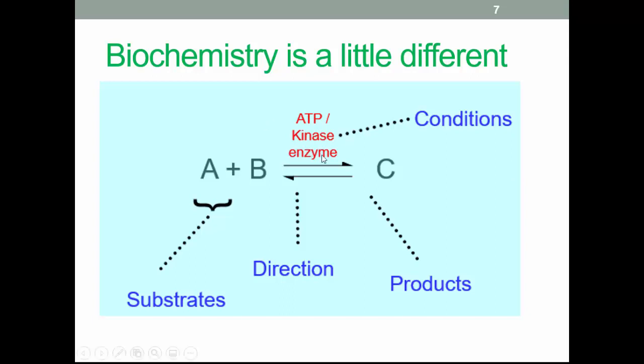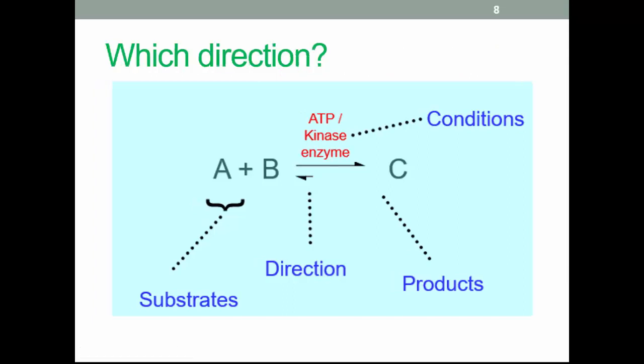Here the conditions indicate it needs the molecule adenosine triphosphate, ATP, and one of a class of enzymes called kinases to go from the substrates to the products. And you require a different set of enzymes to go in the other direction, probably another kinase enzyme. So biochemistry is a little bit different to general chemistry.